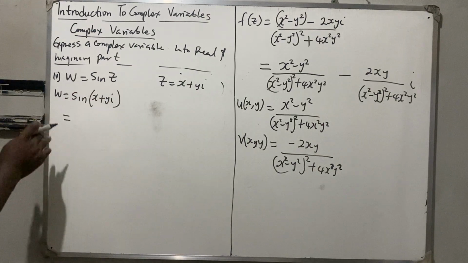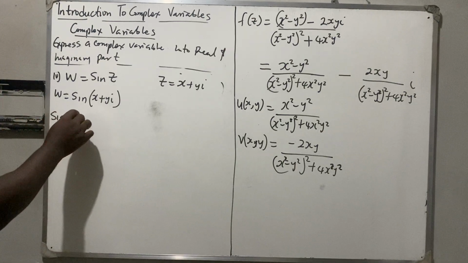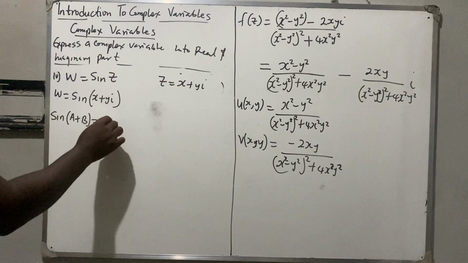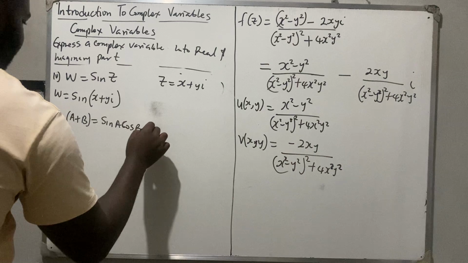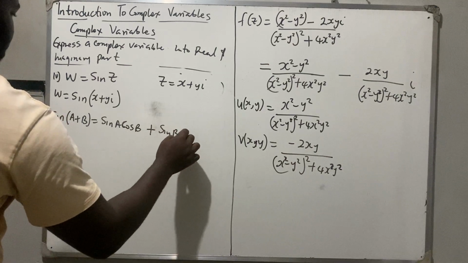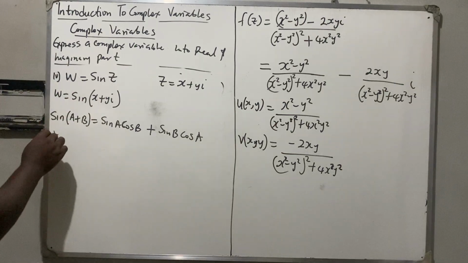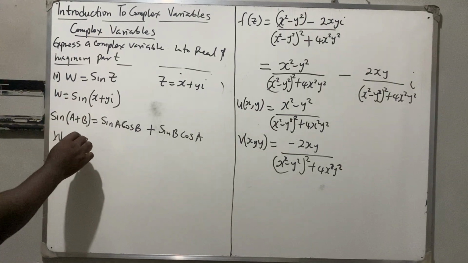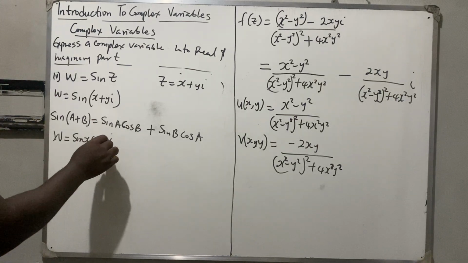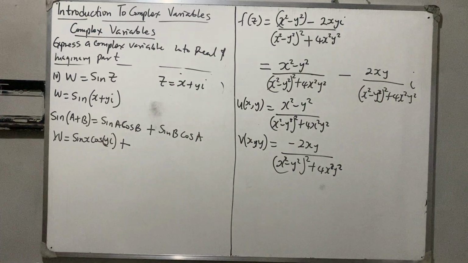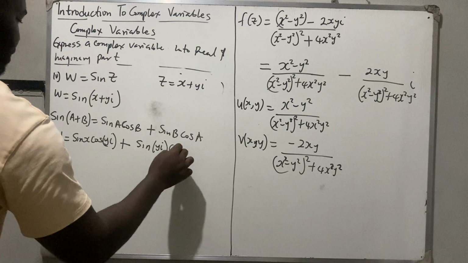So which is, if you remember trigonometry, the sine rule that sine of A plus B is equal to what? Sine A cos B plus sine B cos A. Okay, so if I do the same thing here, you will now see that your W will now be sine x cos yi, plus sine yi cos x.